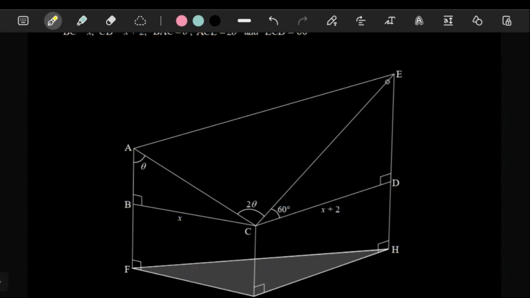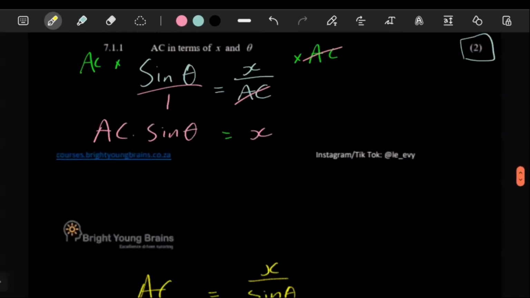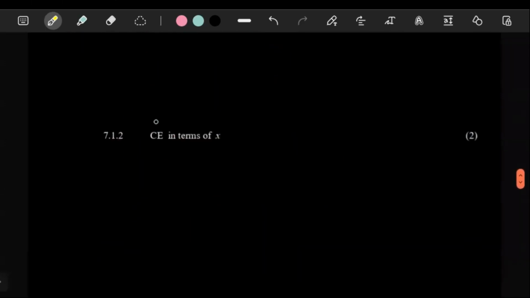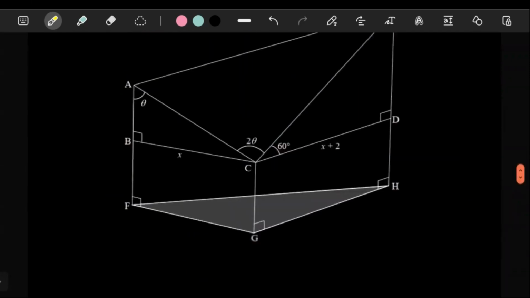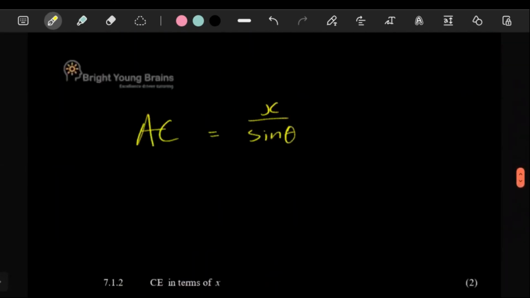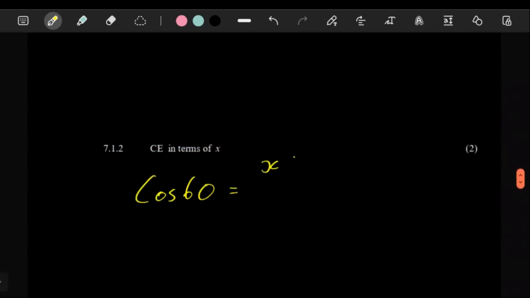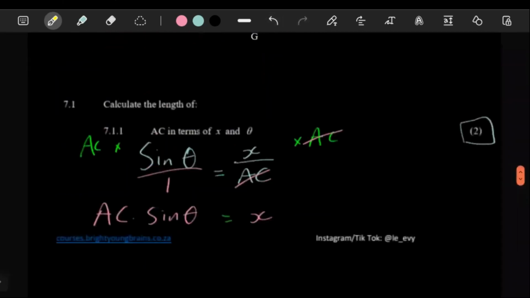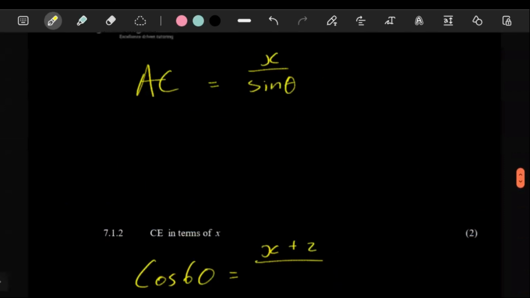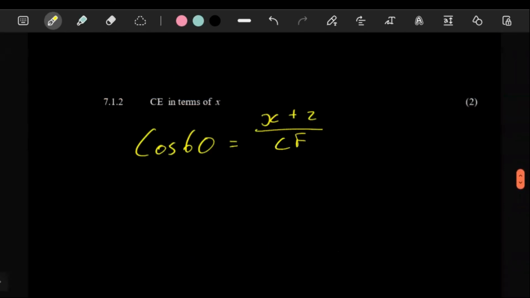So let's do cos 60. We're going to say cos 60 is equal to adjacent, which is x plus 2 there, over CE.